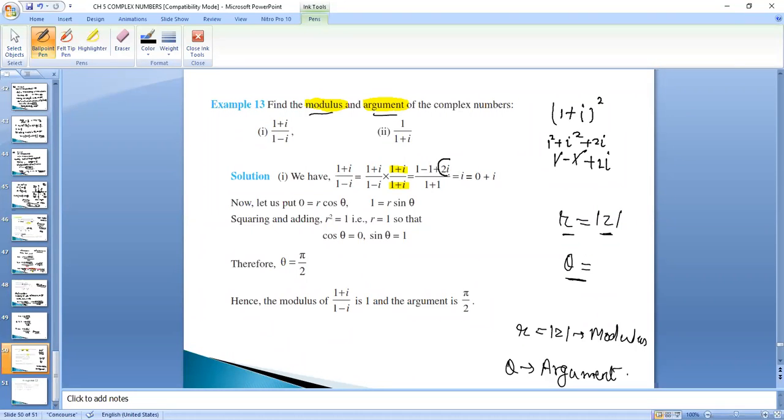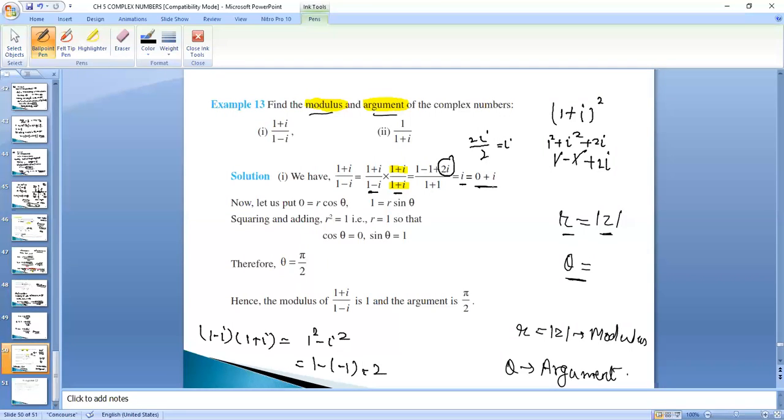So it will be 2 iota in the numerator, and in the denominator 1 minus iota into 1 plus iota means 1 square minus iota square is equals to 1 minus minus 1 is equals to 2. So we will be having 2 iota upon 2, which means iota.